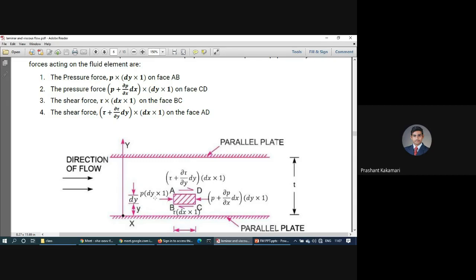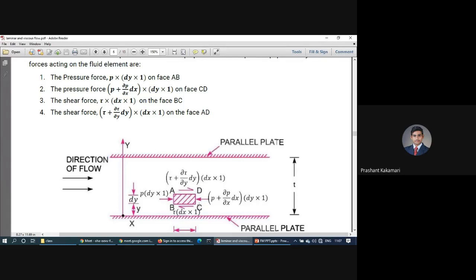That's why they consider the area of surface AB as dy into 1, and P is the pressure force acting on the left hand side. On the right hand side, the additional pressure because of the flow is P plus dou P by dou x into dx, into dy into 1. Here dy into 1 is the area of the surface DC.